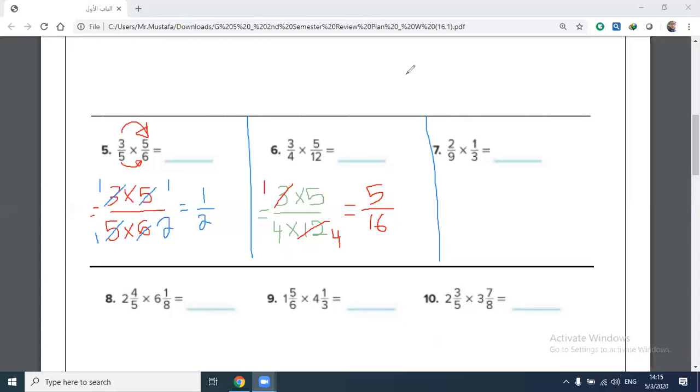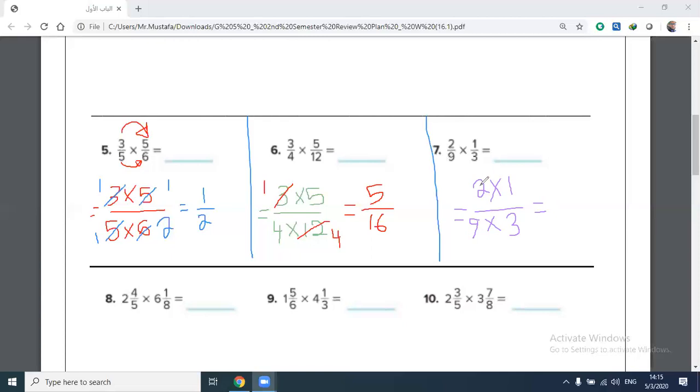Next one, number 7, the same. But write the fraction so all the numbers are clear to you: 2 times 1 up, and 9 times 3 down. And then find the result. Is there any common factor between denominator and numerator?